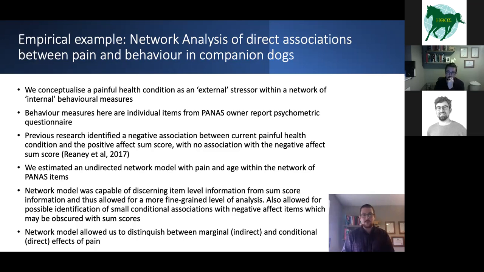It also allows for possible identification of small conditional dependencies with negative effect items that might be obscured once we sum score information away. The network model also allowed us to distinguish between marginal correlations, or potentially indirect effects, and conditional, direct effects of pain.